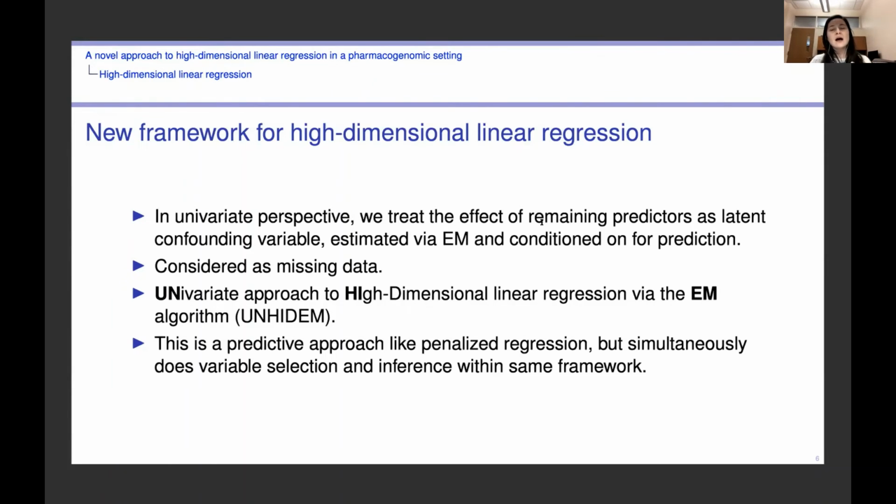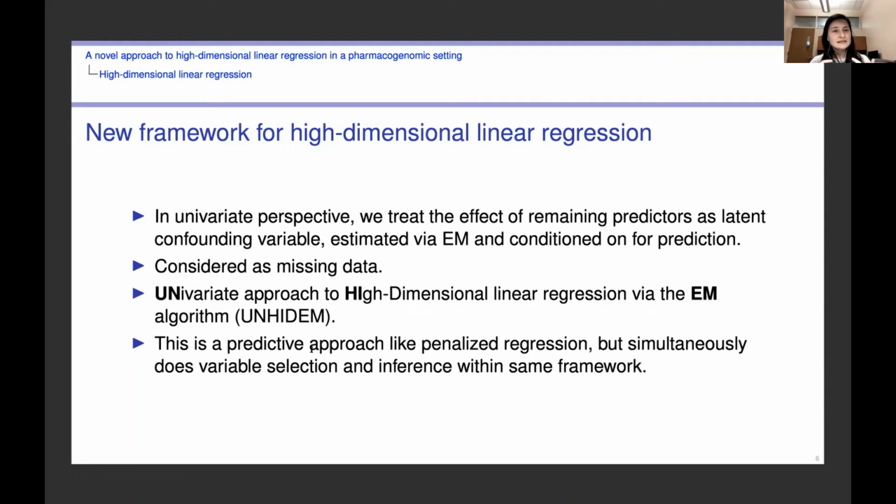And so when identifying a remaining confounding variable, we treat it as missing, and as a result, we're able to use the EM algorithm to estimate this latent confounder, and we condition on this to get predictions. And so we call this approach UNHIDE-EM, univariate approach to high-dimensional linear regression via the EM.